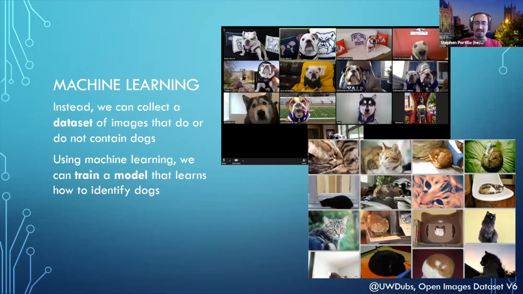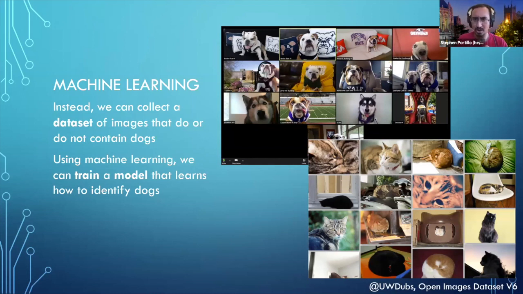But in machine learning land, at the end, we want a model that's able to identify dogs. The way that we get it is we collect a lot of data, and then we train this model, and eventually it'll be able to do the task that we set it. I'll get into more specifics on what this looks like, but this is fundamentally what machine learning is all about: collecting a lot of data to train a model.